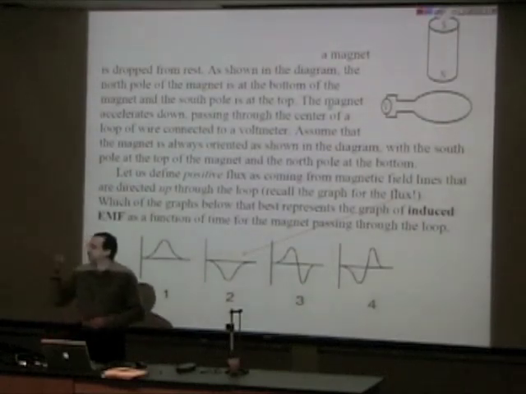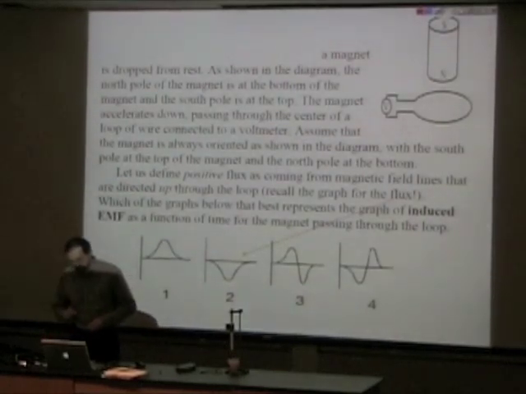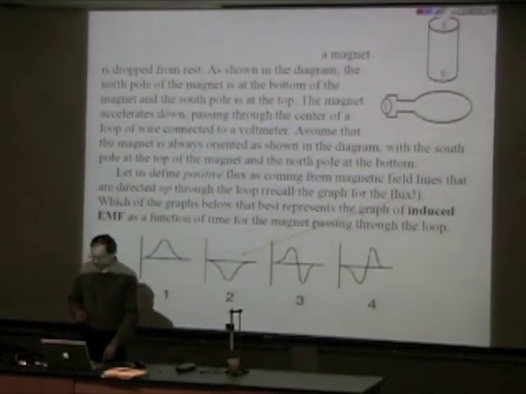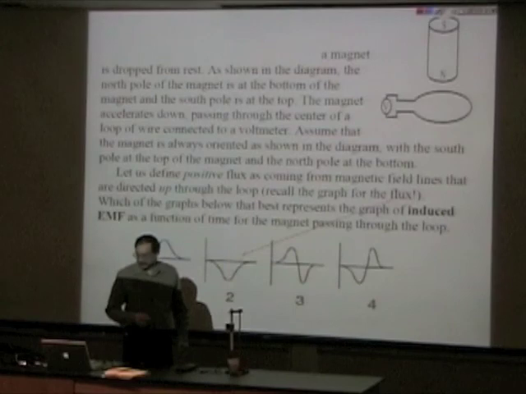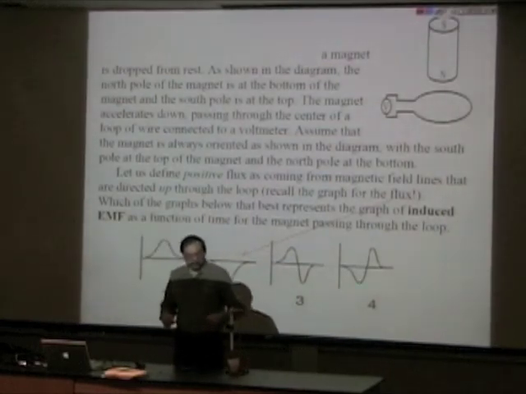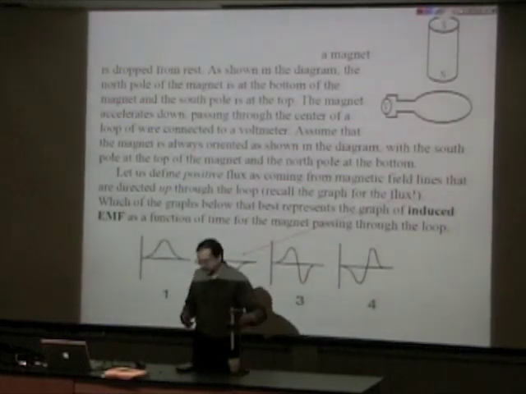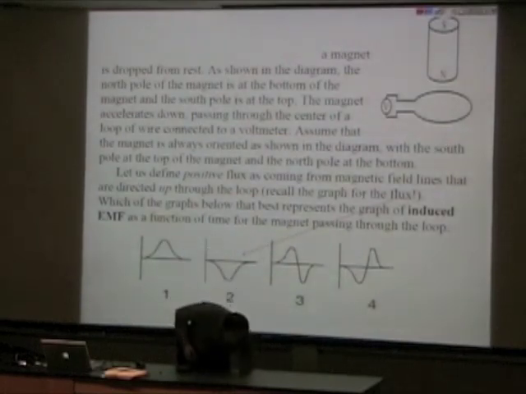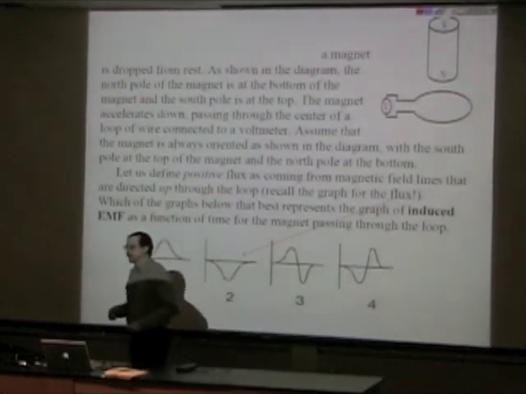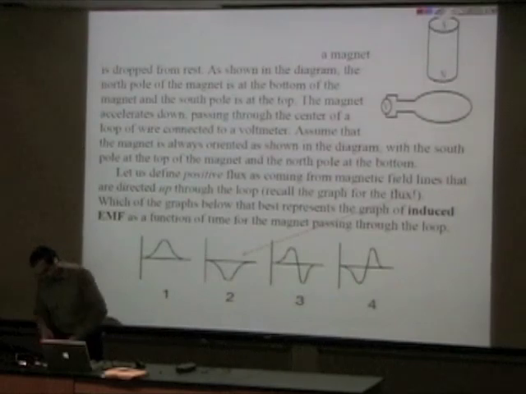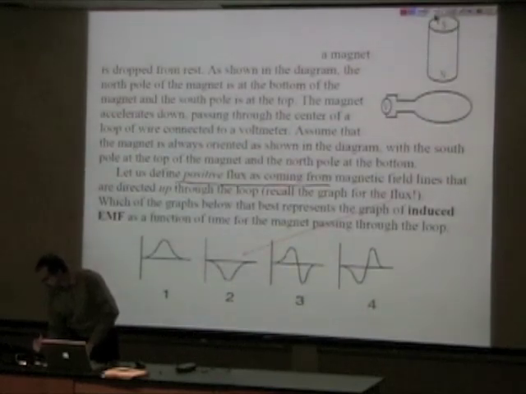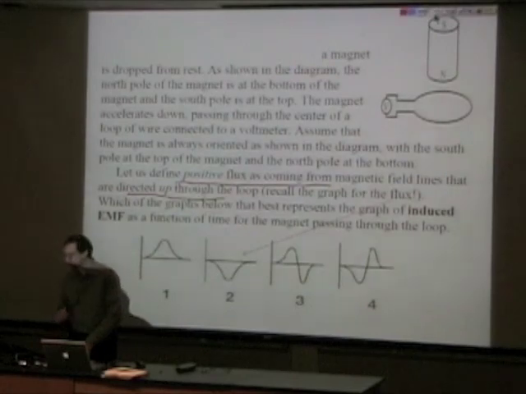My last question, we still have actually 3 minutes. So let's say we run an experiment like that. But in our experiment, let's say if we read the problem, it says positive flux or field directed up.